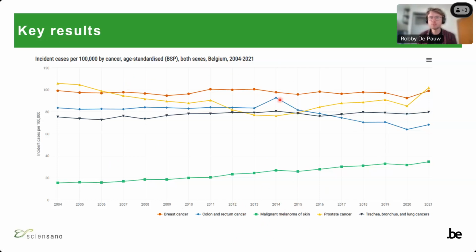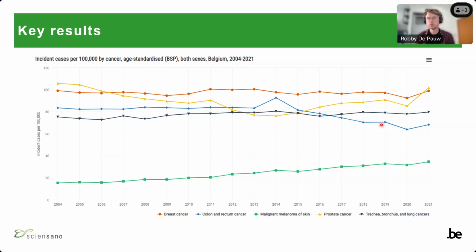This can be largely explained by a screening program that was put in place. So there was a screening program that was put in place, and that's why they picked up much more incidence cases in that year. But you can see afterwards that this stabilized again, and even is slowly decreasing now.